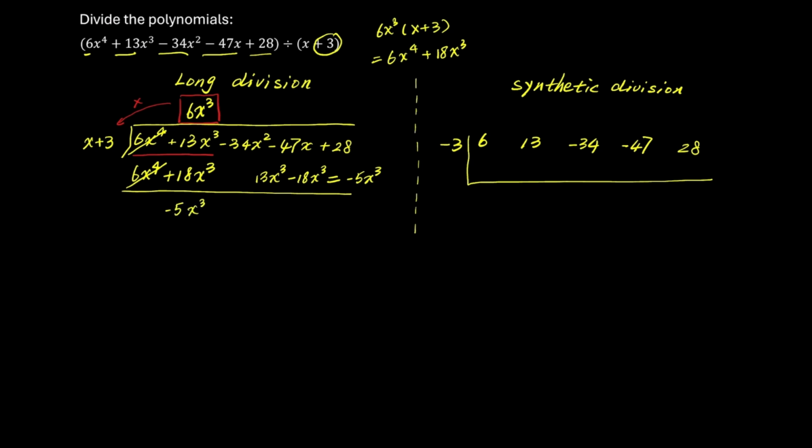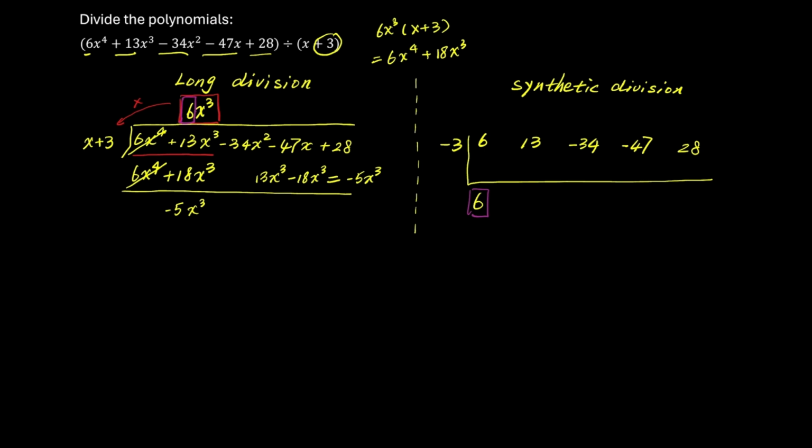Alright, switching over to the synthetic division. After setting up the coefficients and this negative 3, the initial action is to bring down the first coefficient, 6. This value, 6, is actually the coefficient of the leading term in our answer.